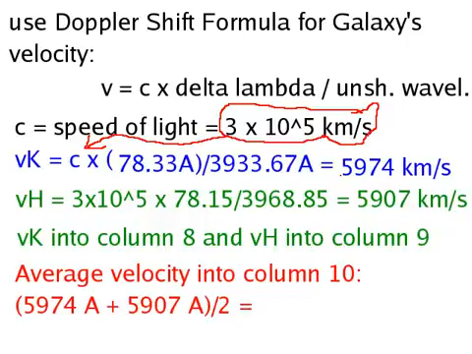Okay, so we get 5,940.5 angstrom is our average velocity. Okay, I'm going to save this slide.